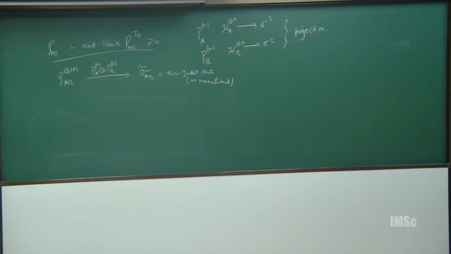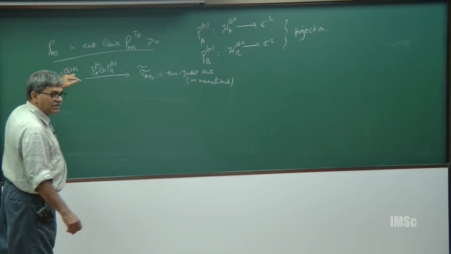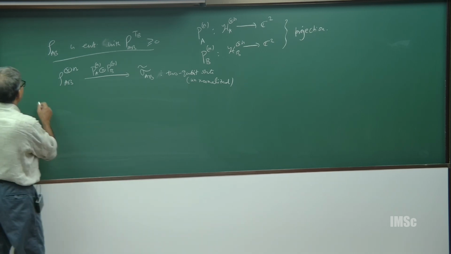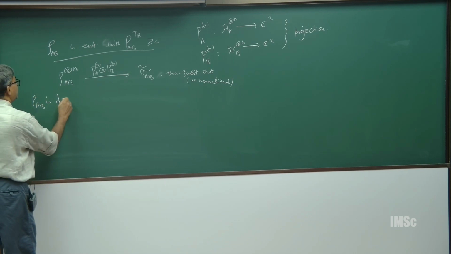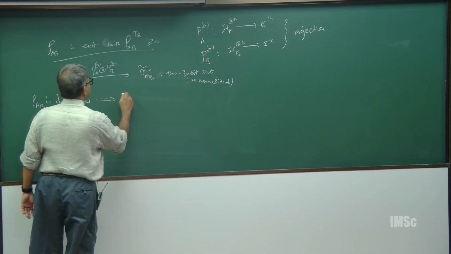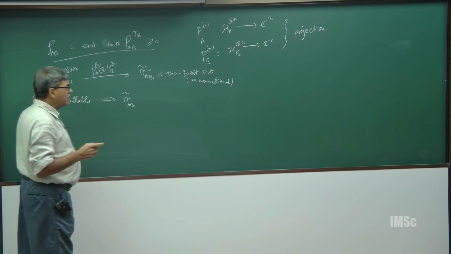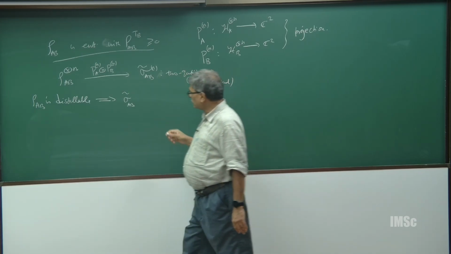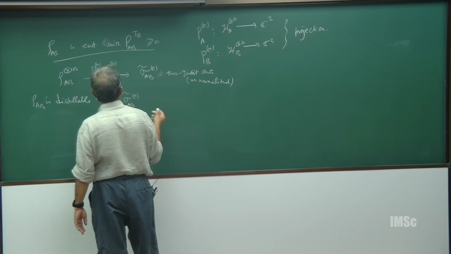So, the idea is that if your original state rho A B is distillable, that means you can distill something like this, then it means that this sigma tilde A B n, let me put n here also because of this n, is entangled.